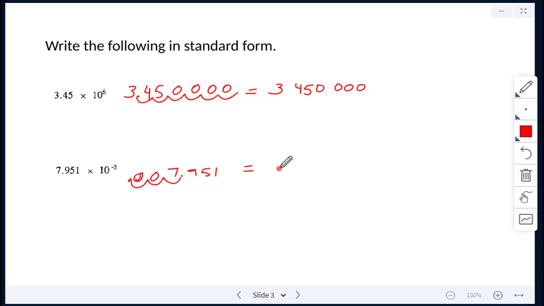And so that would look like 0.00791. There we go.